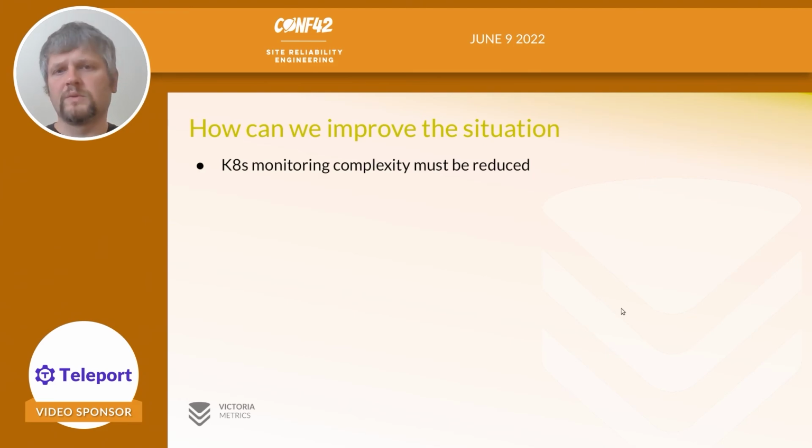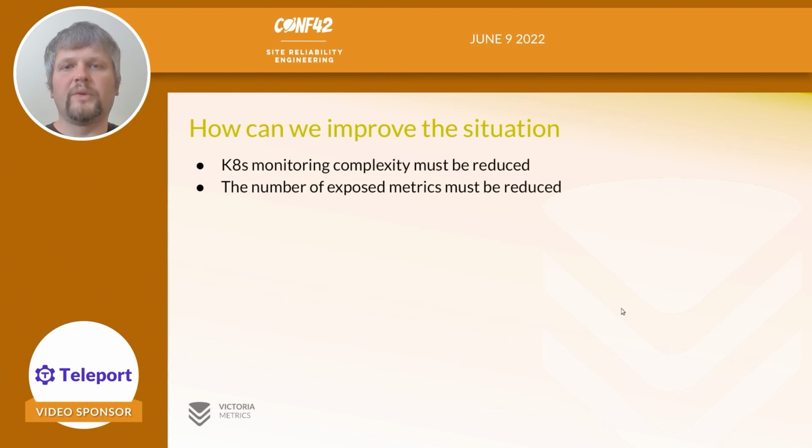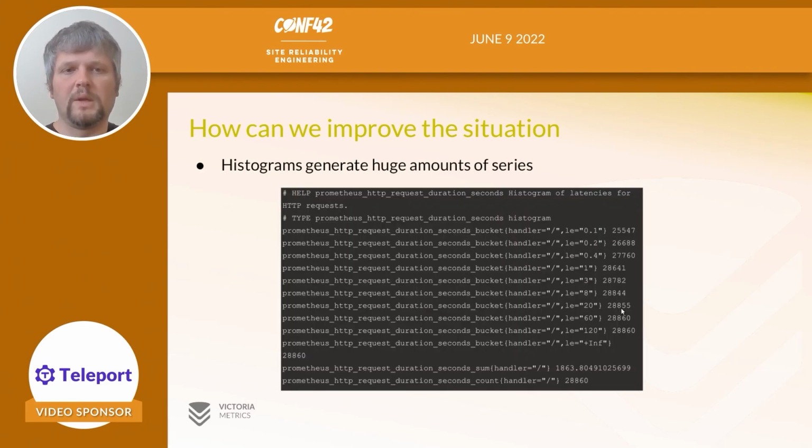How can we improve the situation? We believe that Kubernetes monitoring complexity must be reduced, and the number of exposed metrics must be reduced. The number of histograms must be reduced, because the histogram is the biggest offender, which generates many new time series.